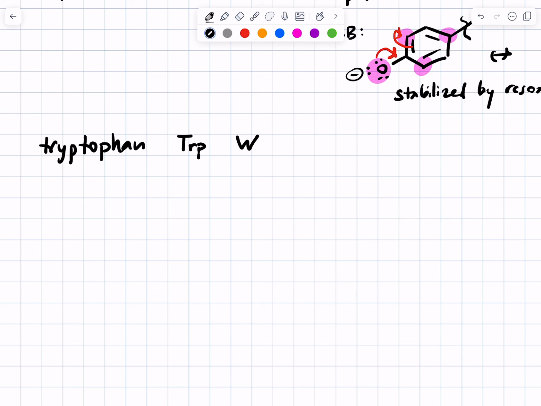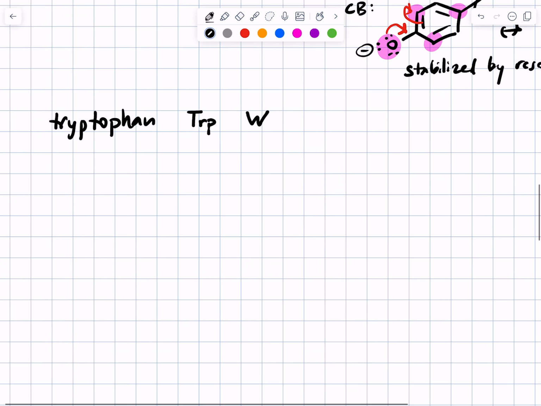Elmer Fudd is a Looney Tunes character. He's always trying to hunt Bugs Bunny. You know that guy? And he struggles to pronounce the letter R. And so if Elmer Fudd were saying tryptophan, he would say twiptophan, and that's a W sound. So that's how you can remember tryptophan.